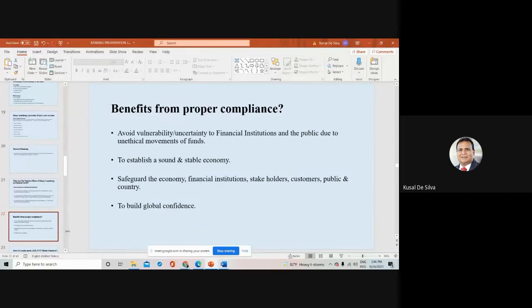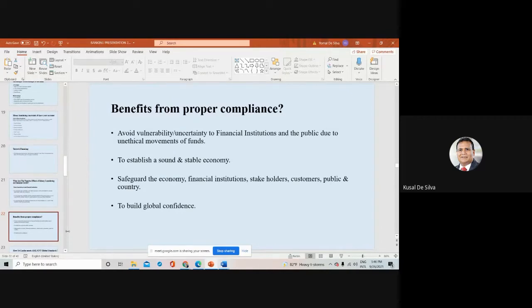Sometimes it will go to like 200, 300, $400 million, $1 billion. So there are instances where fines were imposed to that magnitude.